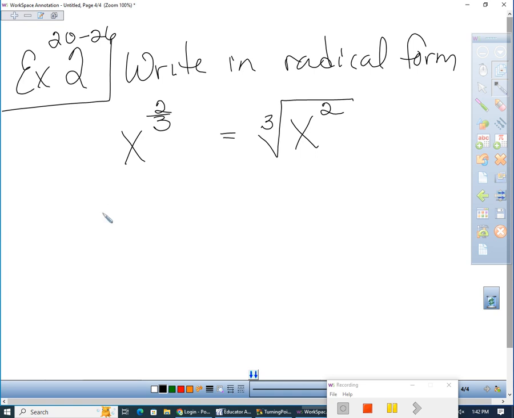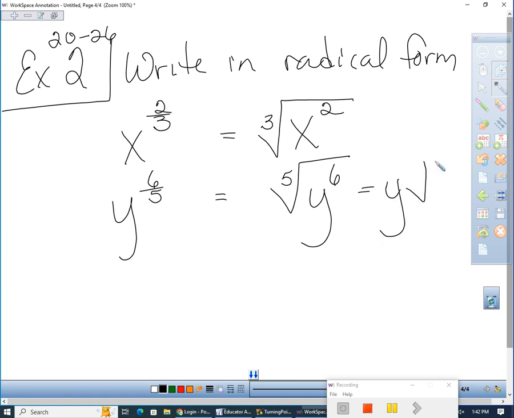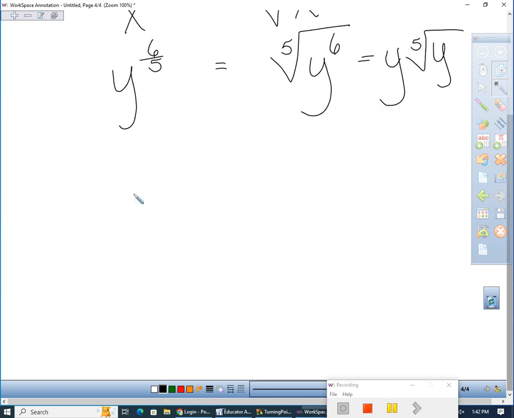What if I had y to the 6/5? That's y to the 6th inside a 5th root. Now, what do you notice about this one? One can come out. Exactly. Very good. So I can take one group of y's out, and I'm left with only one y remaining. Okay, what if I had 1.2?